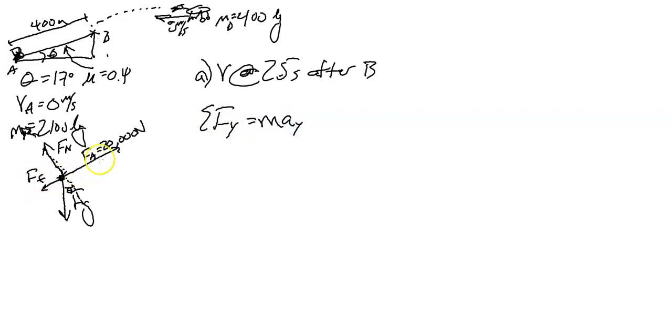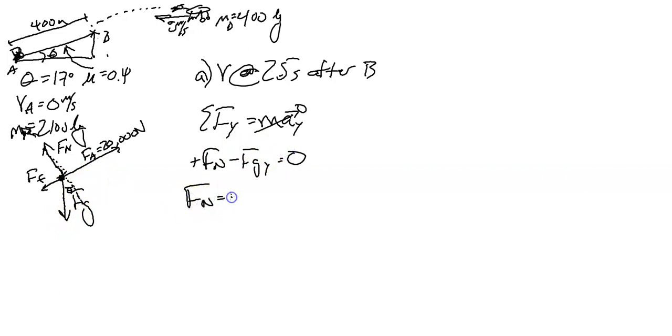Since we know it's accelerating up parallel to the surface, it should not be accelerating here, so that should be 0. This should be positive, force normal, because that's going up. Neither of the two of these are on the new y-axis, and force of gravity definitely is pointing down on that. So I have negative force gravity in the y, since force gravity is acting in the new y and the new x, and that's equal to 0.